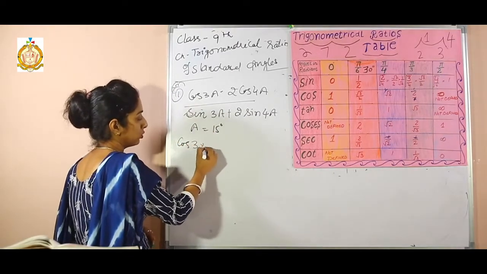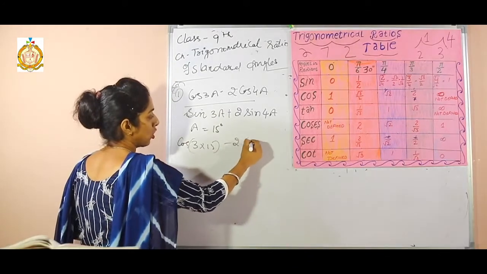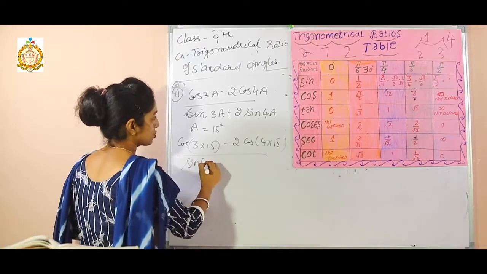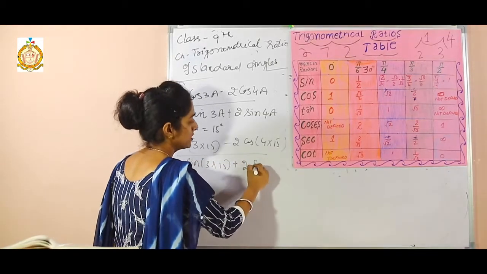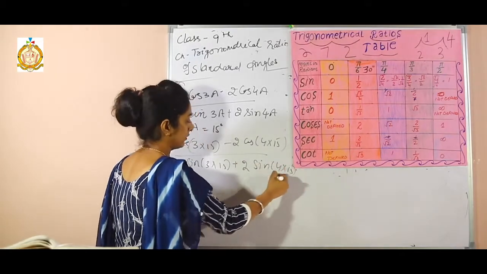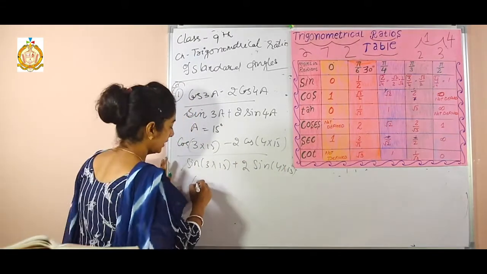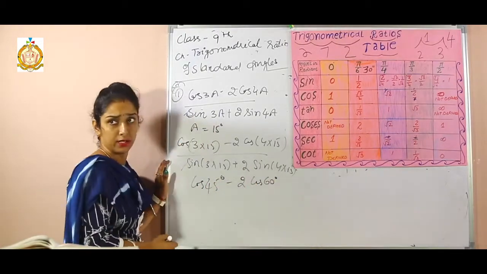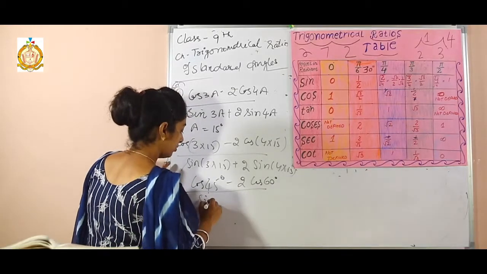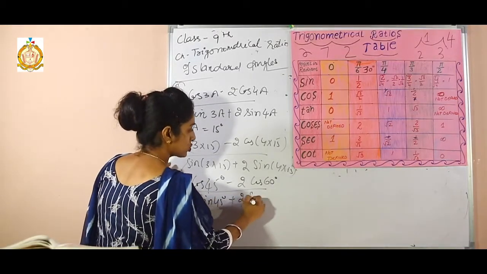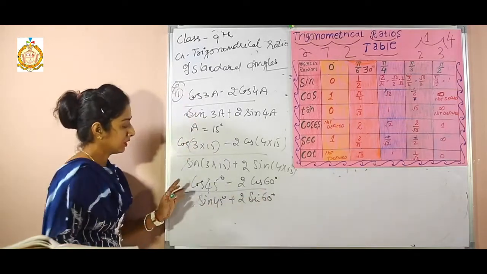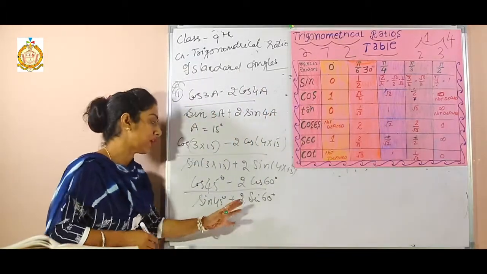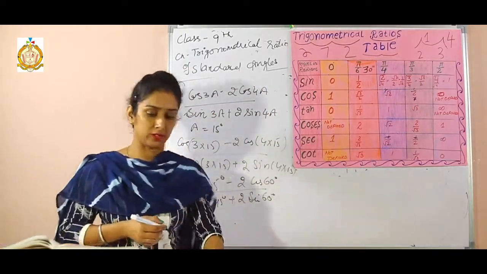So cos 3 into 15 minus 2 cos 4 into 15 over sin 3 into 15 plus 2 sin 4 into 15. Now 15 3s are 45. So cos 45 minus 2 cos 60 degree over sin 45 degree plus 2 sin 60 degree. Now cos 45, that is 1 over under root 2. You just put the values and evaluate the sum.